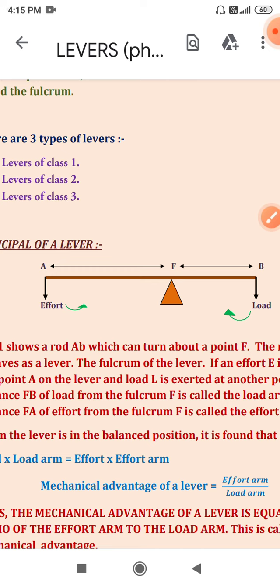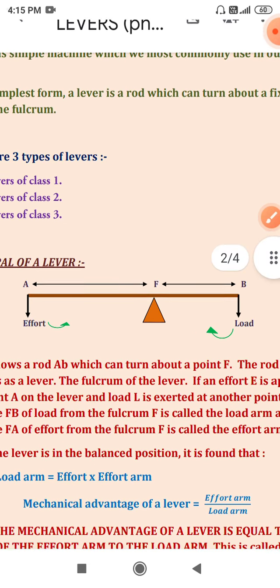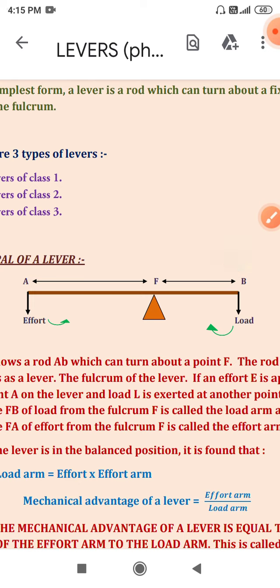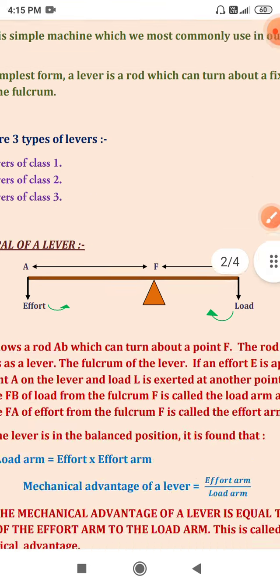So FA is equal to the effort arm and FB is equal to the load arm.